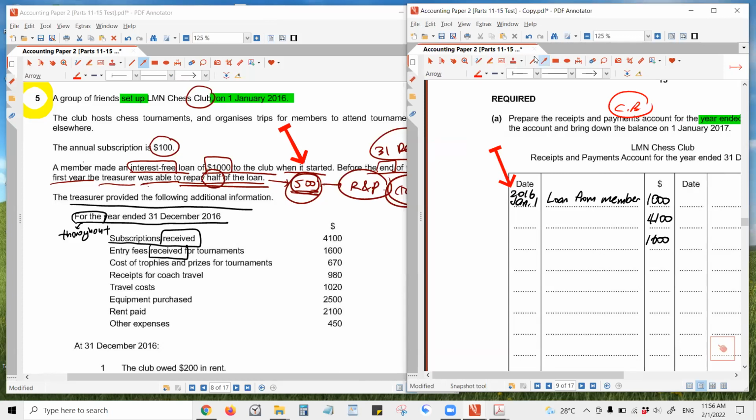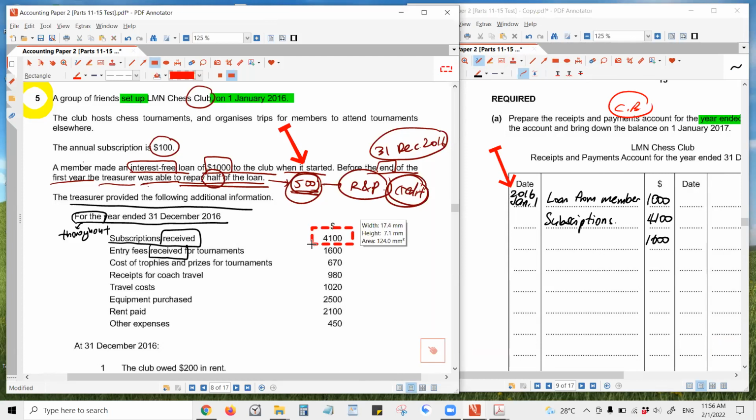Next is what? Subscription. Okay, write the word subscriptions. Okay. What about the date? What date should I use? Okay, so you have to remember what is subscription again. Subscription are member fees.